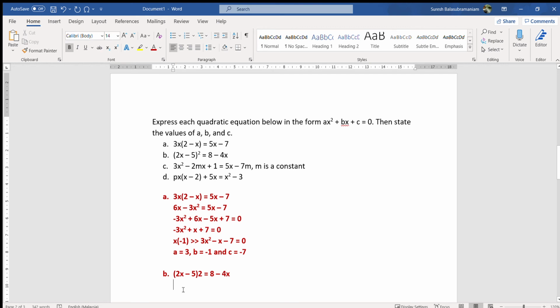I'll expand in the brackets on my left. So I will have 4x minus 10 equals to 8 minus 4x.